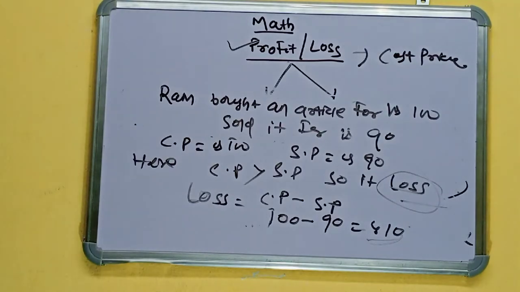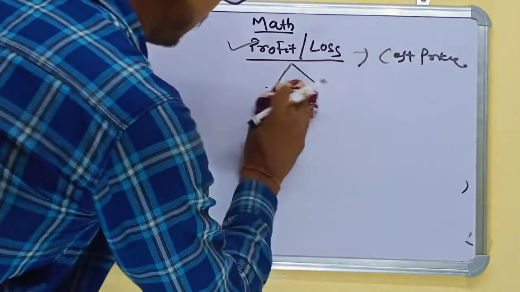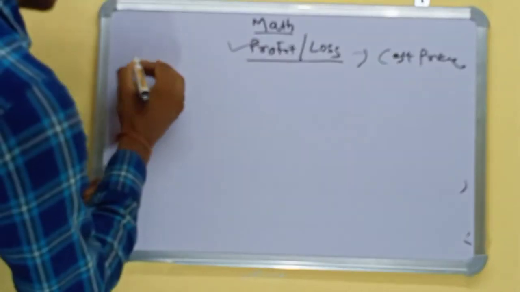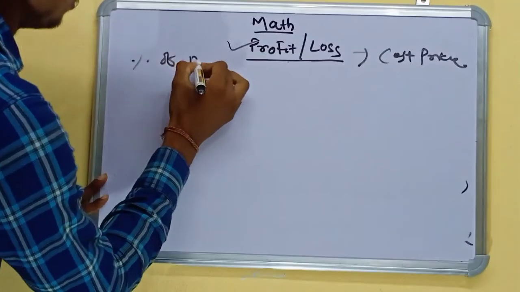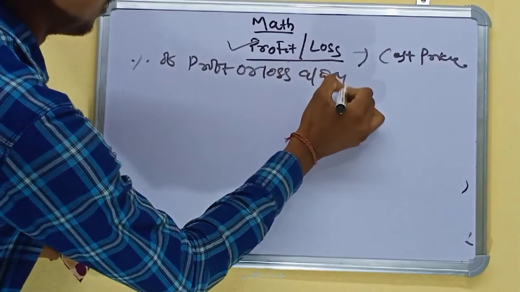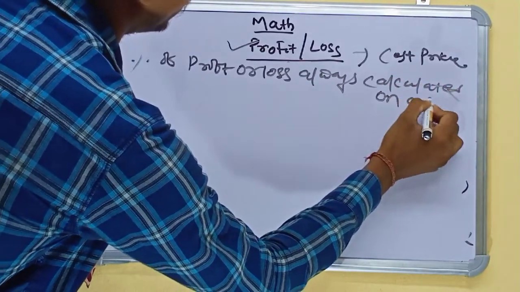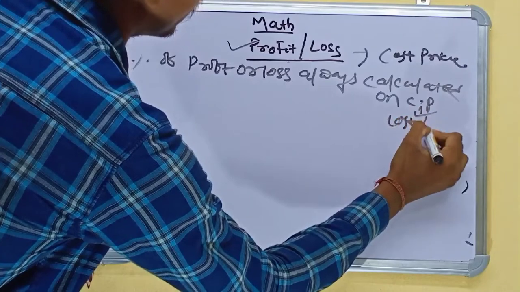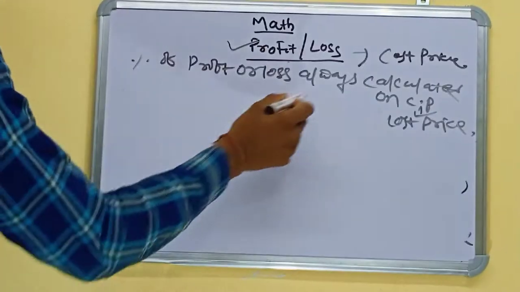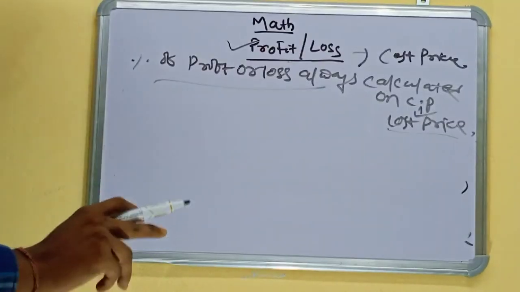Next, we know about the calculation of percentage of profit or loss. Percentage of profit or loss is always calculated on CP, that refers to cost price, not SP.